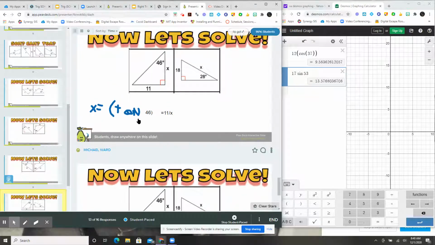Tangent of 46 equals 11 over x. That's absolutely right. If you solve that, you would multiply by x and then divide by tangent of 46. In the calculator, you're going to end up with 11 divided by tangent of 46.